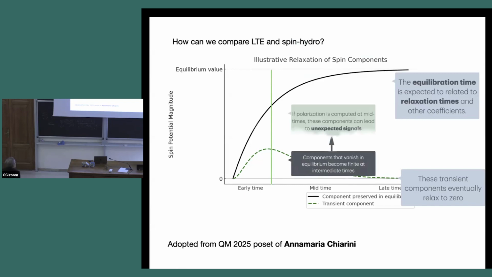Basically, this means that if spin hydrodynamics is true, then your polarization will have some components that you have never expected. So if we can do some kind of analysis like this, then we can decide if spin hydrodynamics, or any flavor of spin hydrodynamics, works better than the local thermodynamic equilibrium density operator and so forth.